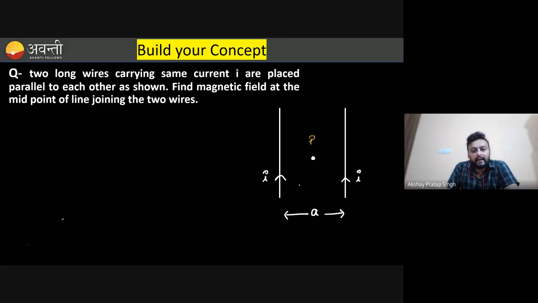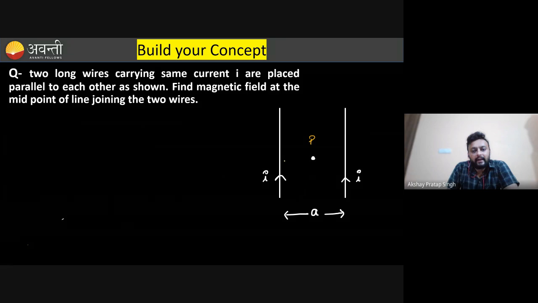I'm just telling you what you will do, I'm not going to solve it out. I'm waiting for your answers if you can, and you need to put them in the comment. You can see that this distance is A by 2 and this distance is also A by 2, because this is the midpoint. Now you know the distance. Can you see that this is the perpendicular distance? Yes, it is.